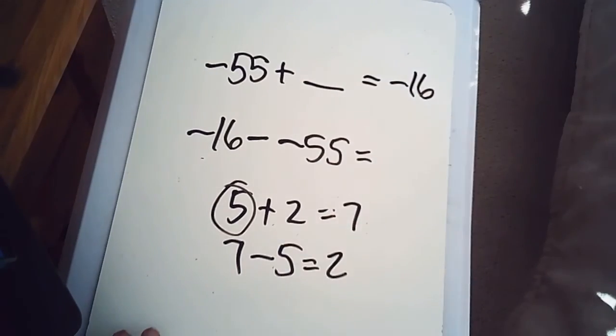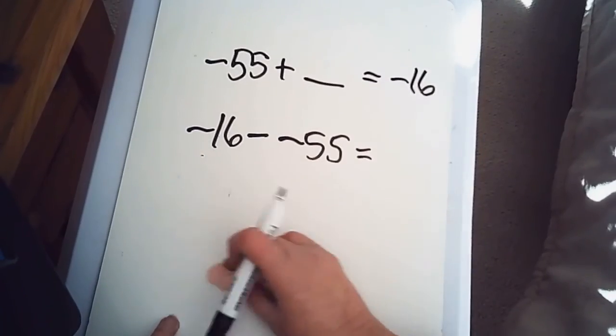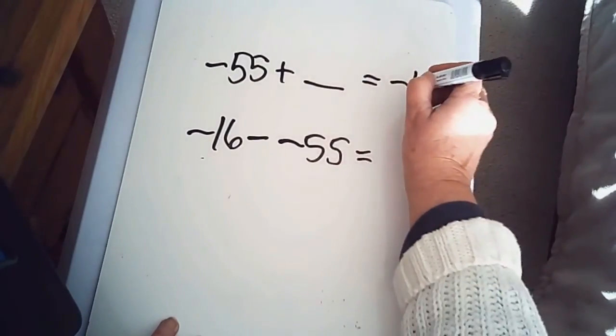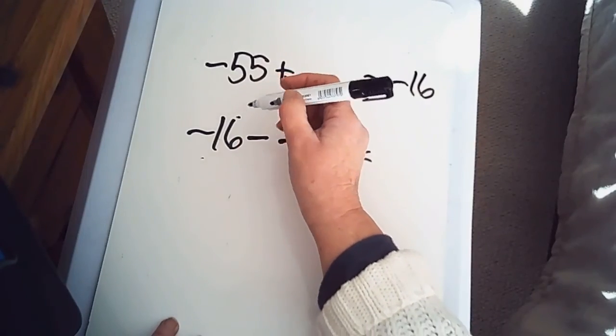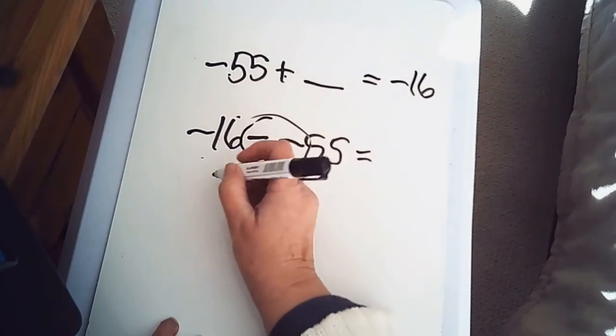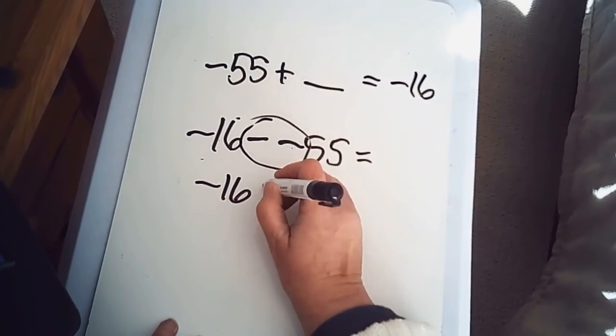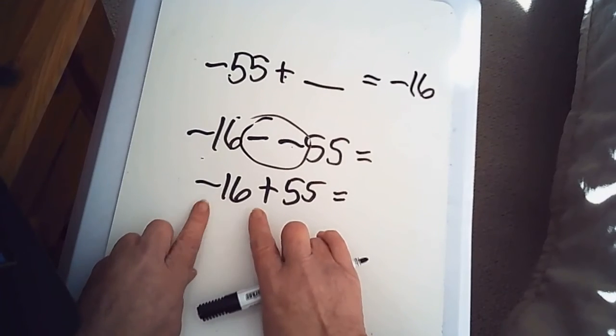So it's same thing, guys. So all I'm doing is I'm saying, don't change any signs yet. I say minus 16, plus becomes minus because I'm doing inverse. Minus 55, and now I see a thing. So I've got minus 16 plus 55 equals, but I can see something here.